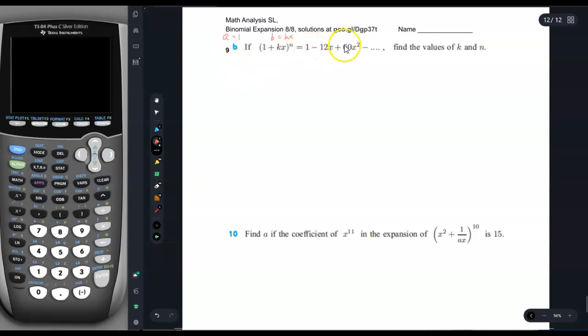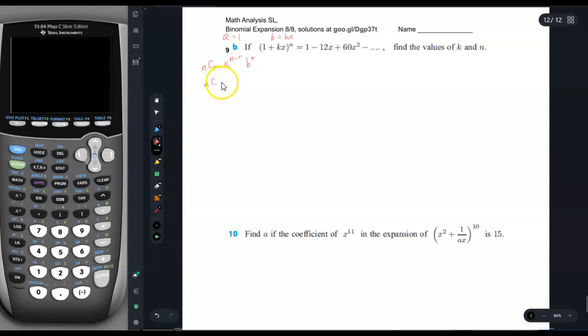We know that the first 3 terms are this. What do the first 3 terms look like from the general term formula point of view? This is our general term formula: n choose r, a to the n minus r, b to the r. That's what it looks like in the formula booklet. Our n value is unknown.